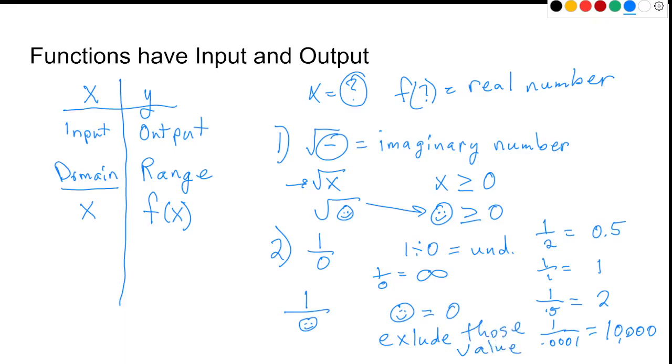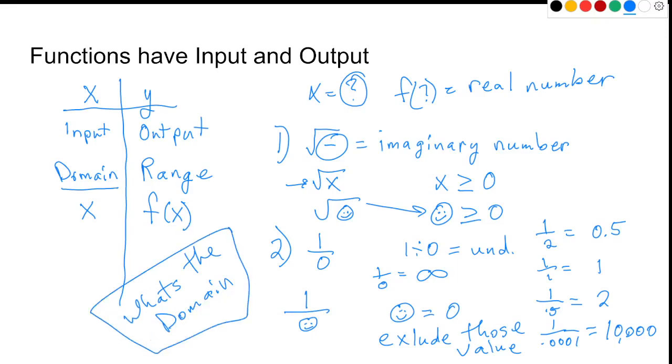Okay, and we'll look at some examples where that happens. So whenever they're asking about what's the domain, these are the two things we're going to consider. Later in the course, we're going to see there are some other logarithms have an issue, but right now, these are the only two issues we have to worry about.